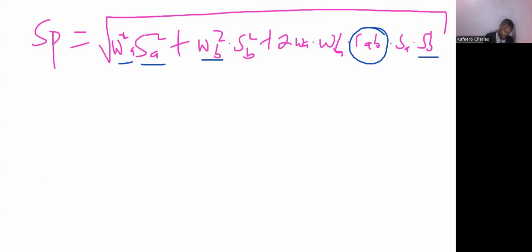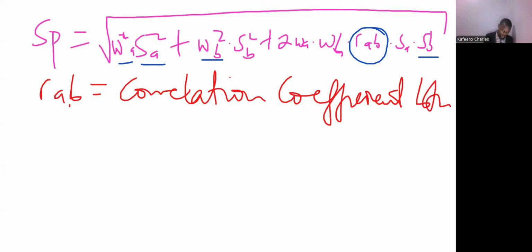But as I told you, this RAB is also a symbol to represent lambda, the correlation coefficient between asset A and B.